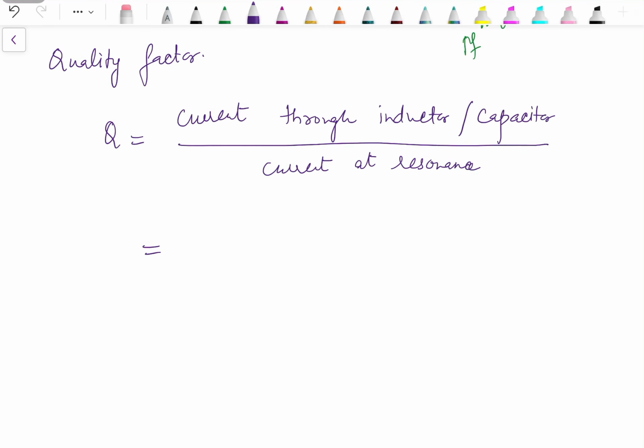So for the current through the inductor or capacitor, let's say we write the current through the capacitor as IC naught, and the current at resonance as I naught.